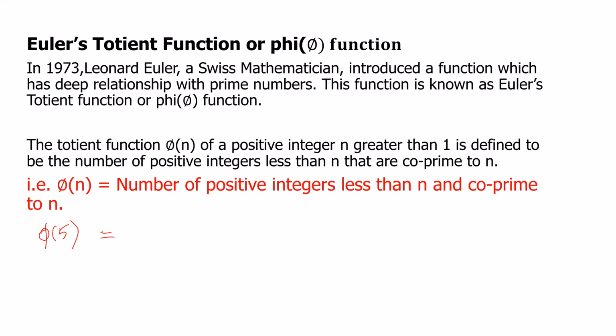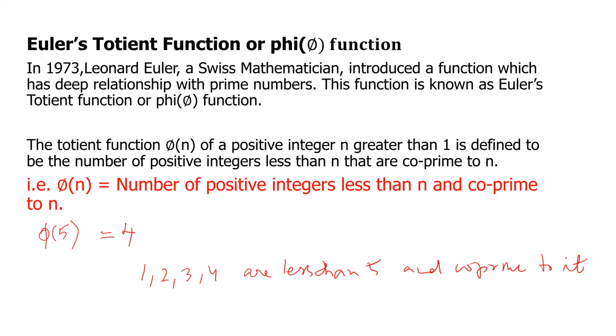The number of positive integers less than 5 and coprime to 5. So which numbers will come? You can write 1, 2, 3, 4. All these are less than 5 and coprime to 5. So how many numbers are there? 4. That is the meaning.